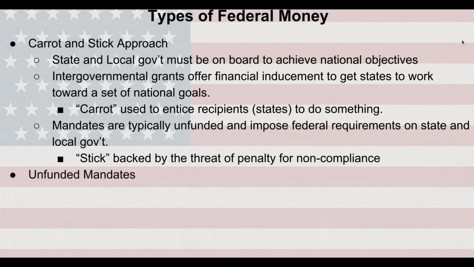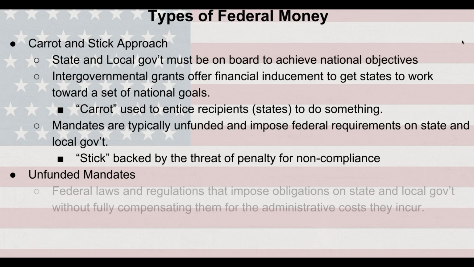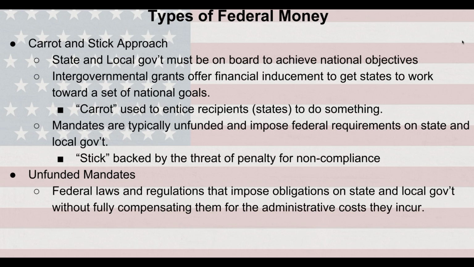And so you have some things that are called unfunded mandates, which are federal laws and regulations that impose obligations on states and local government without fully compensating them for the administrative costs they incur.